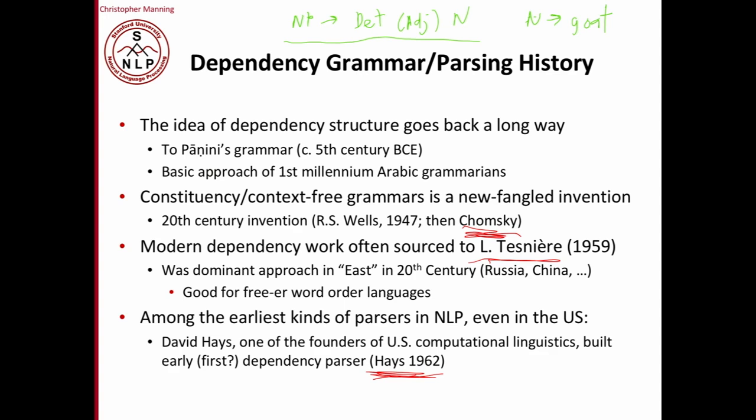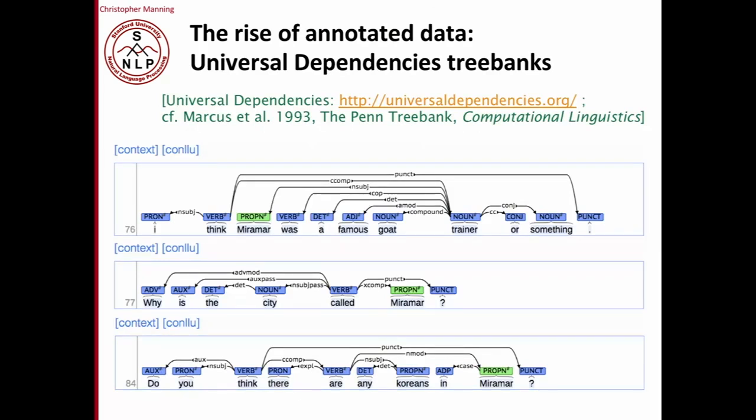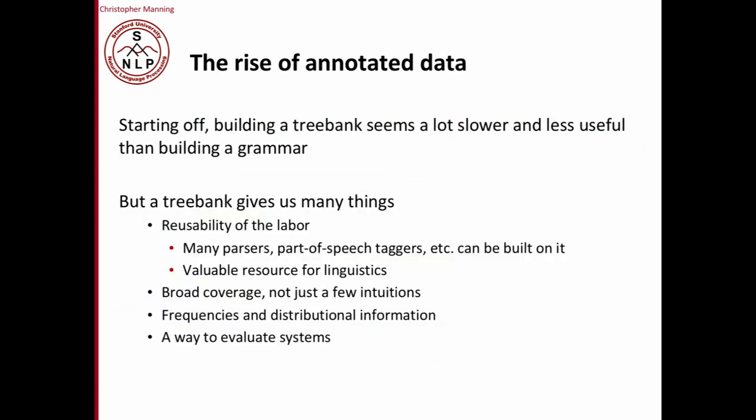But it turned out that in practice that wasn't such a good idea, and it turned out to be much better to have these tree banks of putting structures over sentences. It's a bit more subtle as to why that is, because it sounds like pretty menial work building tree banks, and in some sense it is. But it turns out to be much more useful.